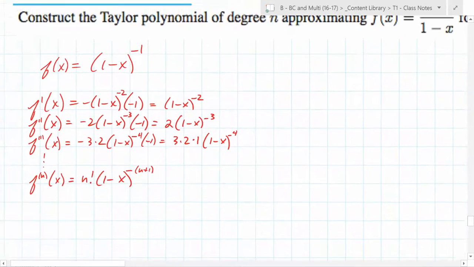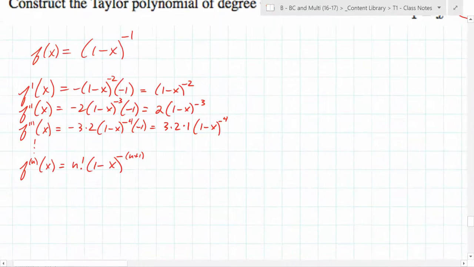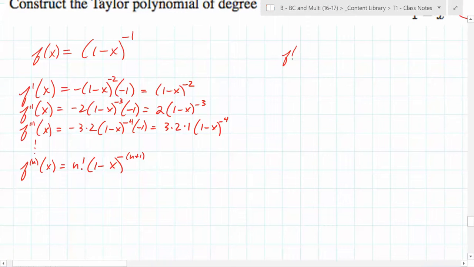So what do you need to do in each of these cases? You're doing it for x near 0. So what are you plugging in for x? You're plugging in 0. So what is f of 0? 1. What's f prime of 0? I'll line it up for you. What's f of 0? 1.